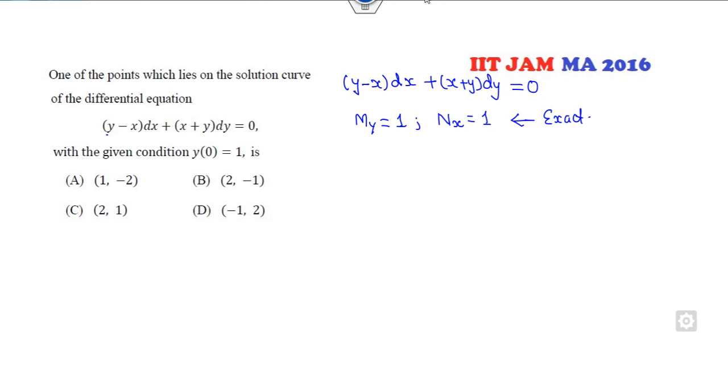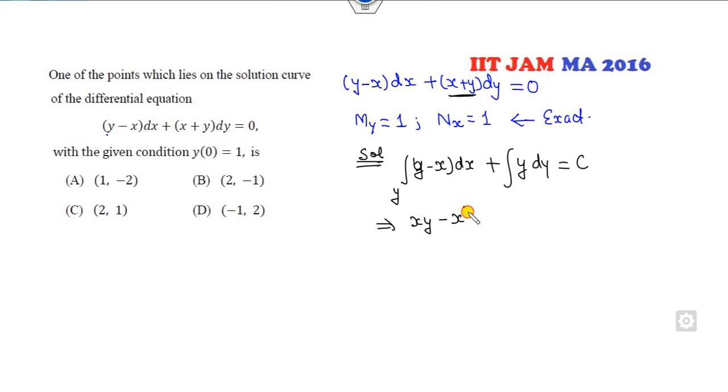So once you know it's an exact differential equation, the solution will be, keeping y constant, integral of y minus x dx, plus any term which involves only y. Yes, there is only y. So what is the answer of this? Integration of y keeping y as a constant: xy minus x square over 2 plus y square over 2 is equal to c.